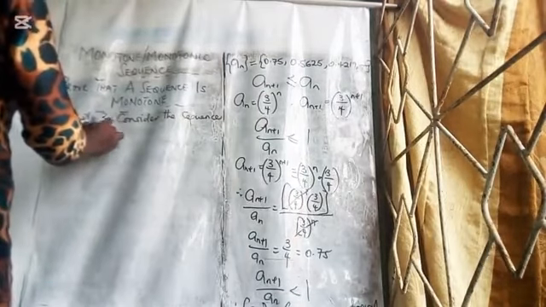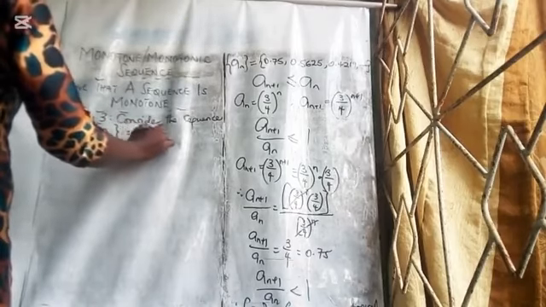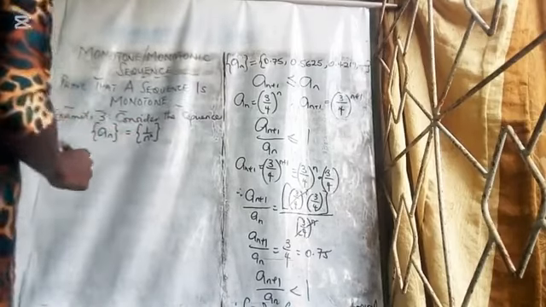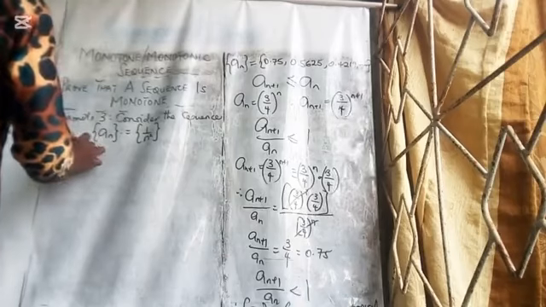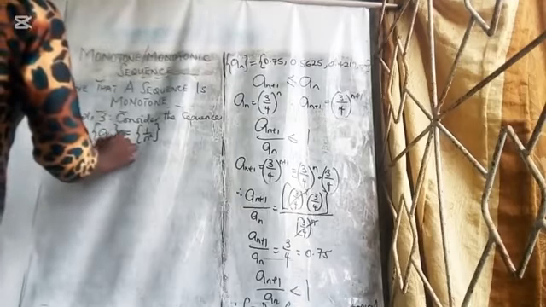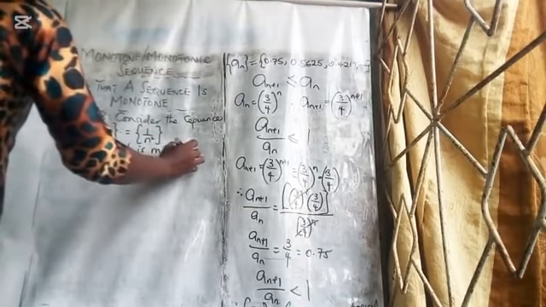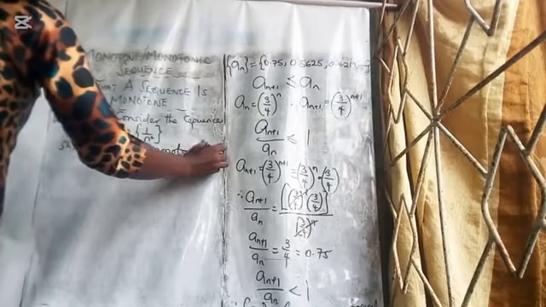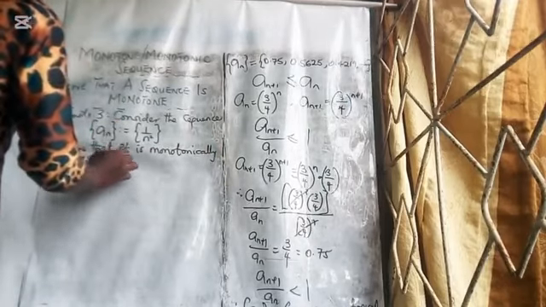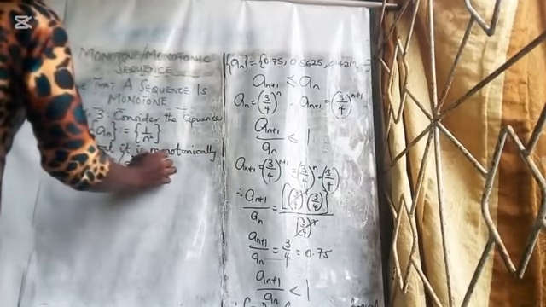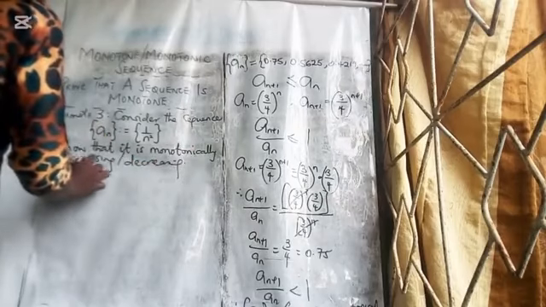Consider the sequence a sub n defined as what? 1 over n squared.